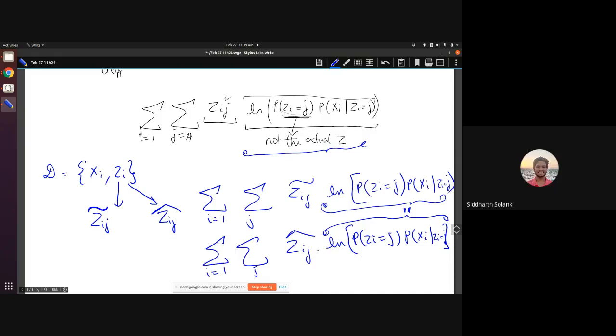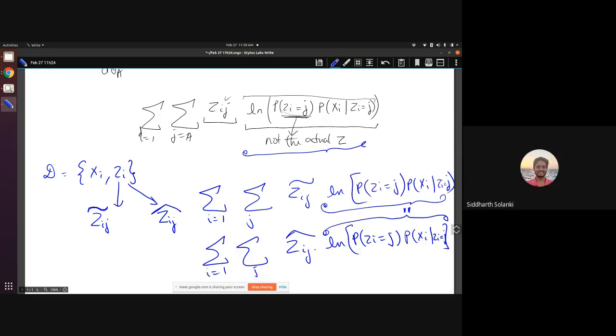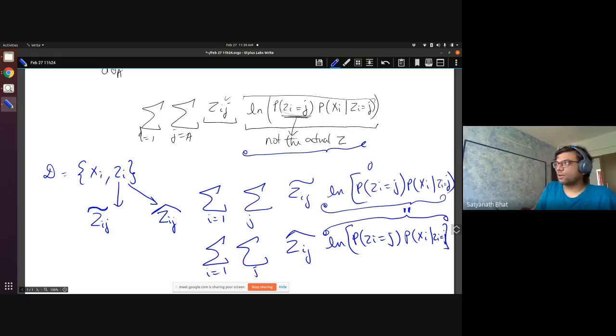So in that analogy, what we knew beforehand is that we either choose coin A or coin B according to our unbiased toss, as you said. Yes, yes. So P of Zi equal to j represents the probability of. Yeah, so this is 0.5, right?